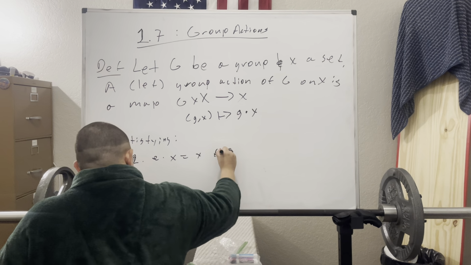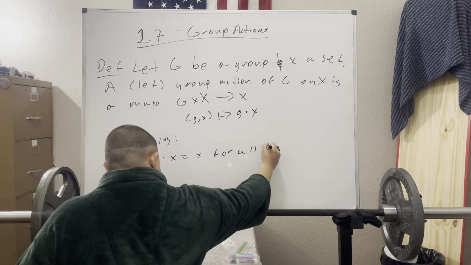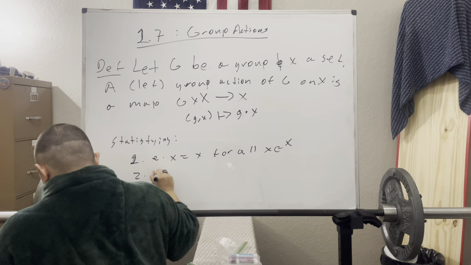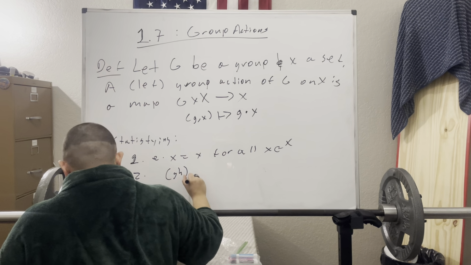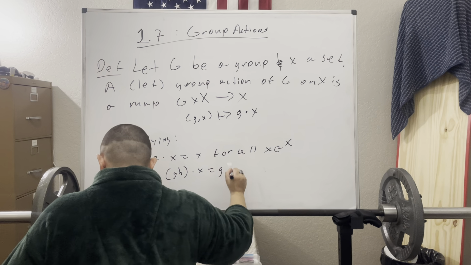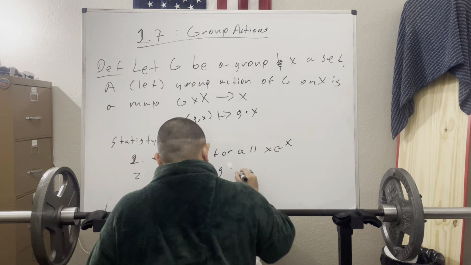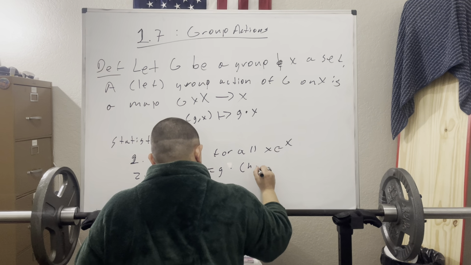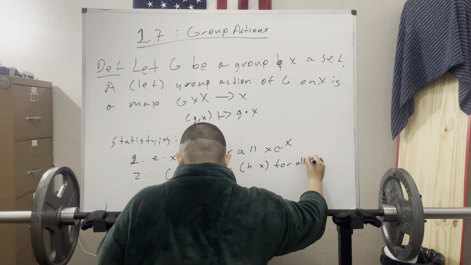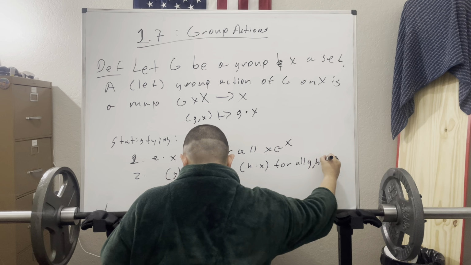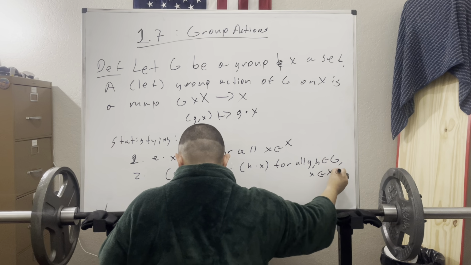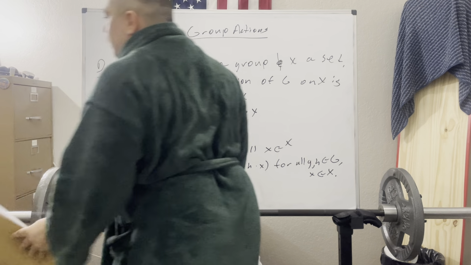e operated with x is equal to x for all x within the set X, so that's your sort of identity looking thing, right? And g operated with (h operated with x) is equal to (gh) operated with x, for all g, h within G and x within X. Clear enough?